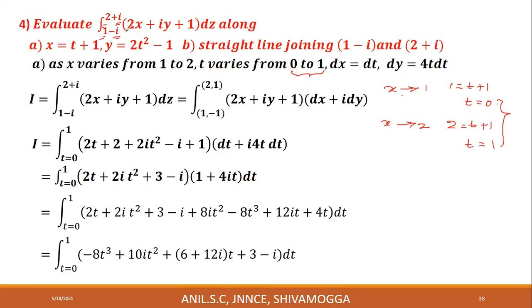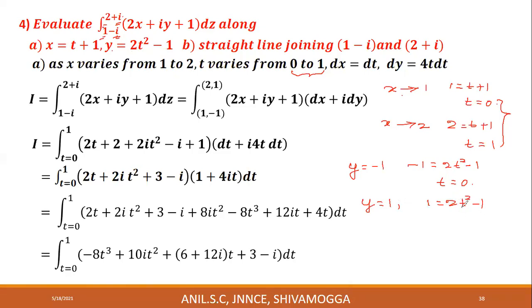Similarly, when y is equal to minus 1, the lower limit, minus 1 is equal to 2t square minus 1. Cancel minus 1 on both sides, you get 2t square is equal to 0. Therefore, t is equal to 0. When y is equal to plus 1, the upper limit, 1 is equal to 2t square minus 1.